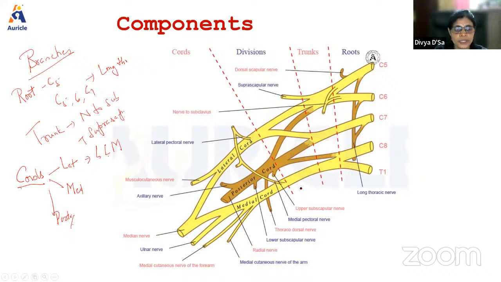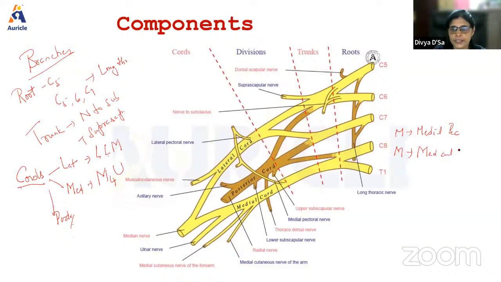Then coming to the medial cord, you can remember the mnemonic as M for you. So what are these 4 M's? The first is the medial pectoral nerve. The next M is the medial cutaneous nerve of arm.